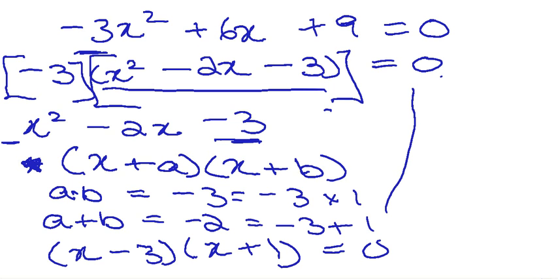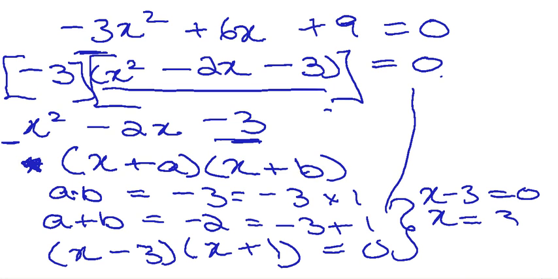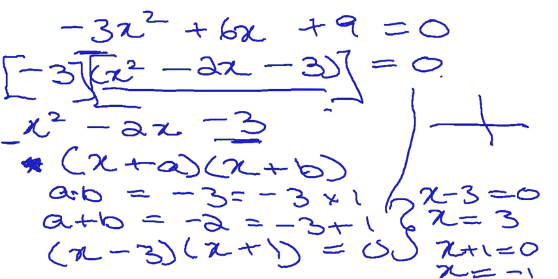And this is true because x minus 3 equals 0 when x equals 3, and x plus 1 equals 0 when x equals minus 1. Therefore, on our generic hyperbola, the points would be at minus 1 and at 3.